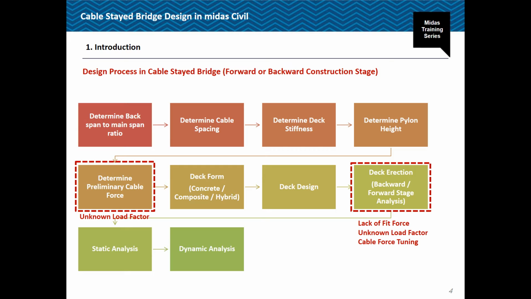Once that's finalized with a number of iterations, we can move into checking the construction of the structure, which means doing either a backwards or forward analysis, and we will see what that means. Then we proceed with static analysis, for example, moving load analysis or any type of load which is additional to dead loads and permanent loads in the structure. And then, if required, a dynamic analysis.